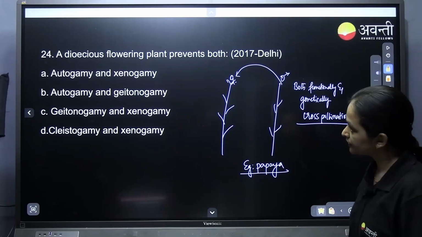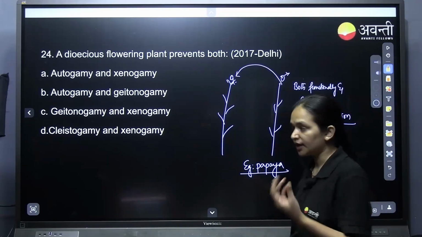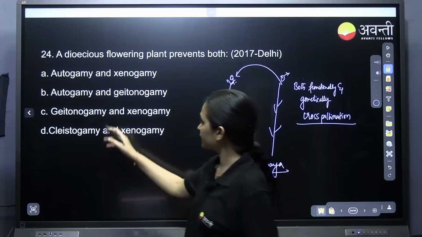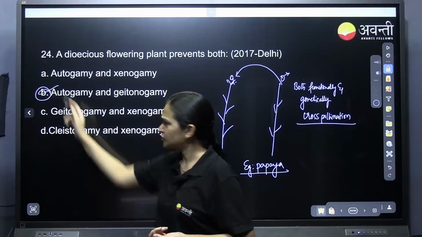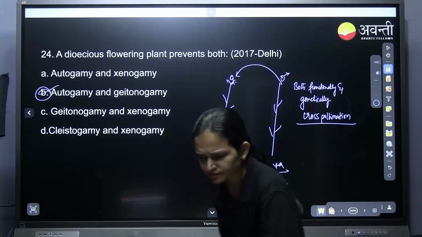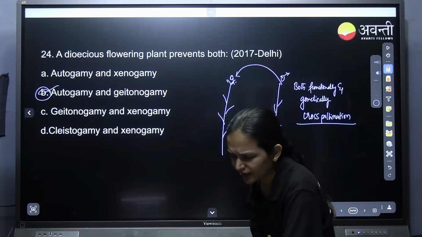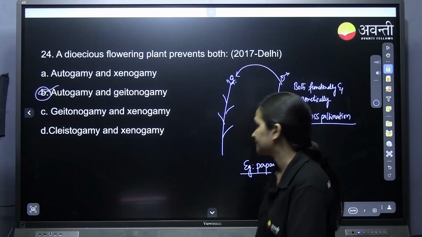So this avoids autogamy as well as geitonogamy. Understood the question? Dioecious plant. Yes.